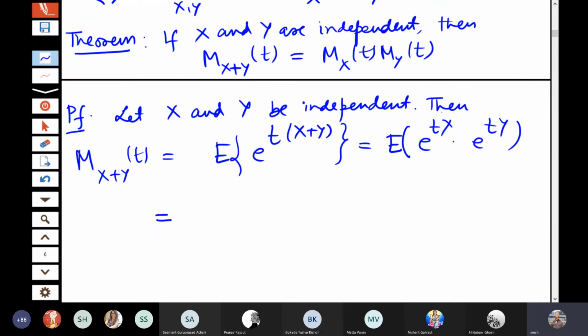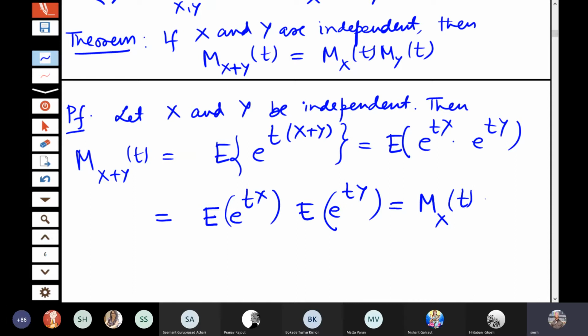Now if the random variables are independent, then you have one function of x and another function of y. So the expectation of the product becomes the product of the expectations, that is expectation of e to the power tx into expectation of e to the power ty. That is nothing but the moment generating function of x at t and the moment generating function of y at t.